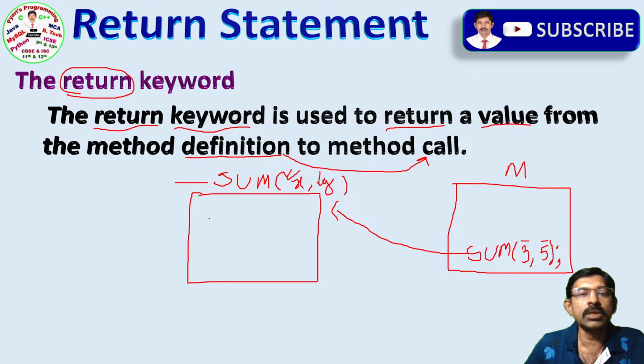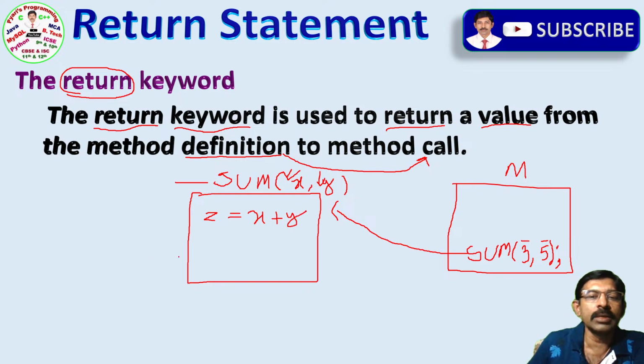Now inside this, what I am doing, I am creating a variable z and I am saying z is equal to x plus y. Then after that, I am returning this z value. So I am writing return. Return is the keyword. I am using z. So what exactly is it doing?